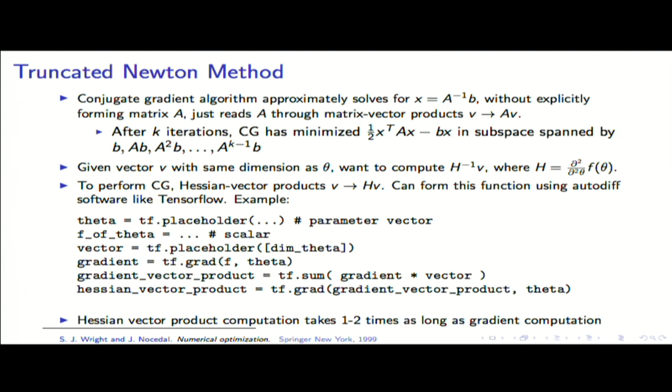Then once you have the dot product, you can compute the gradient again of that, and that will give you the Hessian. That's right. Or actually, that would give you the Hessian times the vector. Right. Okay, I see. All right, great. Thank you.